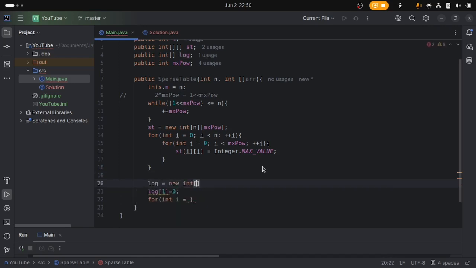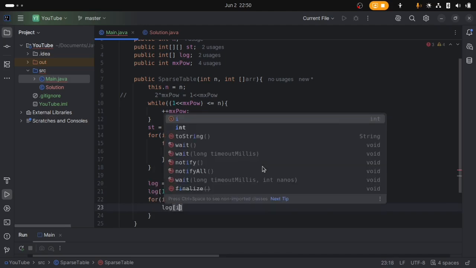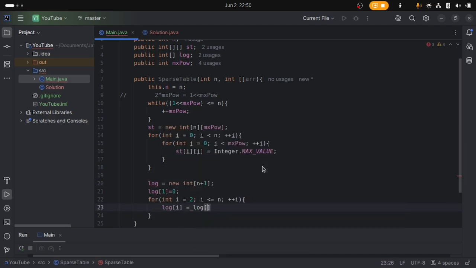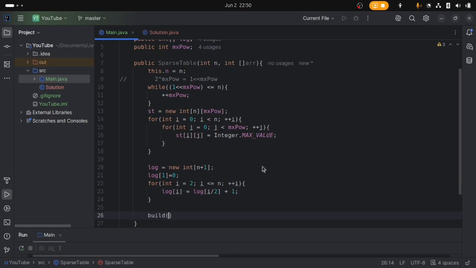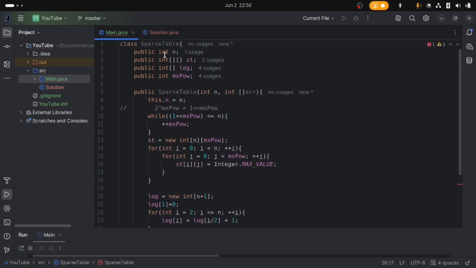So log equals new, and it will be of n plus 1 size. Don't worry, I will be explaining everything. Log of i equals log of i by 2 plus 1. And then we will call a build function. We are done with n, st, log, and max power.